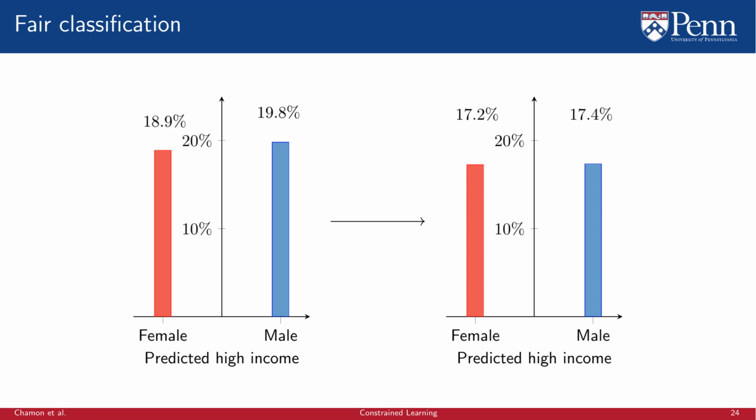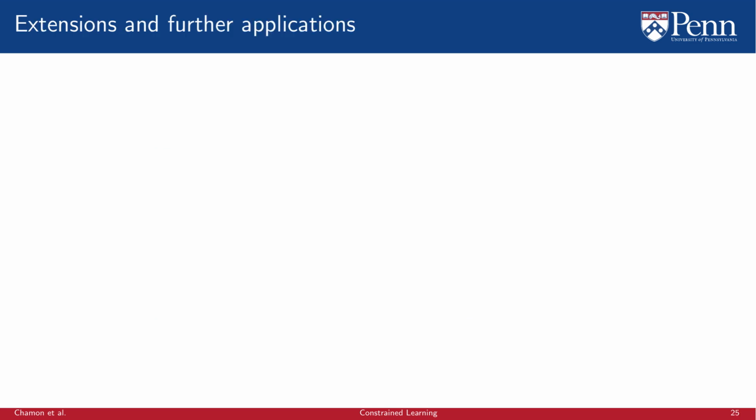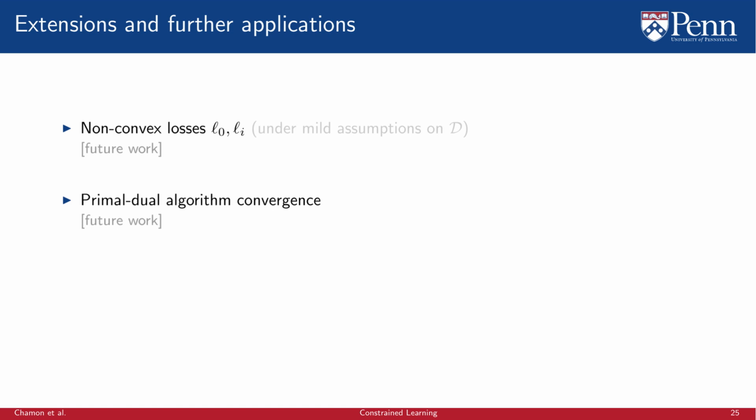Before concluding, let me go over a few side notes. So to deal with the constraints, this paper assumes that the loss functions are convex, even though the final learning problem is not. It turns out that this assumption can be lifted by imposing some mild conditions on the data distribution. Another thing that I sort of brushed over was the use of primal dual algorithms to solve the empirical dual problem.